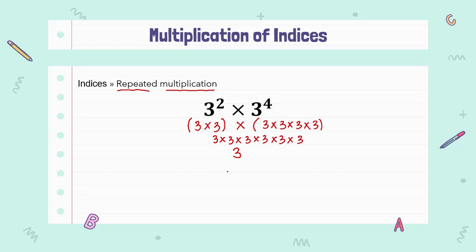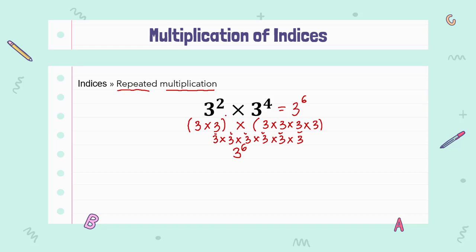Index is how many copies of the base. Let's count together. 1, 2, 3, 4, 5, 6. 3 with the sixth power, or 3 with the sixth. So 3 with the square times 3 with the fourth is equal to 3 with the sixth.